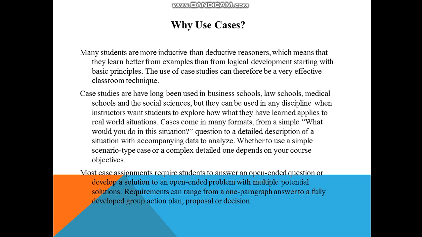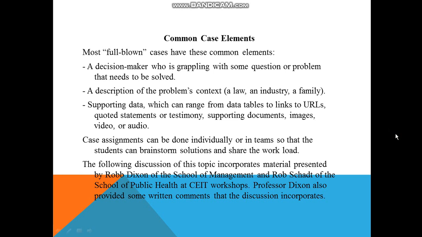Whether to use a simple scenario type case or a complex detailed one depends on your course objectives. Most case assignments require students to answer an open-ended question or develop a solution to an open-ended problem with multiple potential solutions. Requirements can range from a one-paragraph answer to a fully developed group action plan, proposal, or decision.